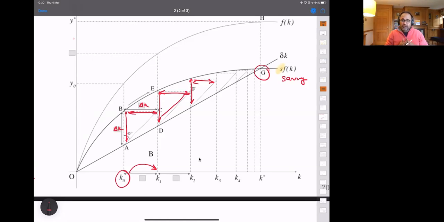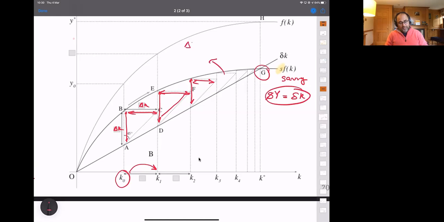Now, what happens at point G? What happens at point G is your saving is equal to the total amount of depreciation. So what is your saving? Your saving is S times Y. Depreciation is delta K, and they are equal at G. Why?